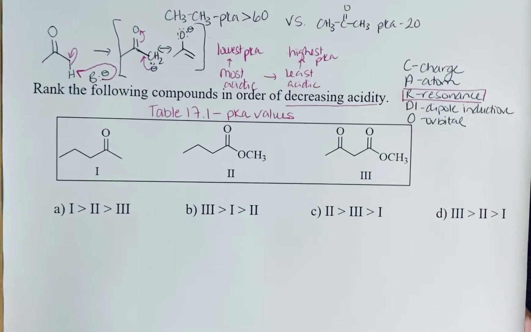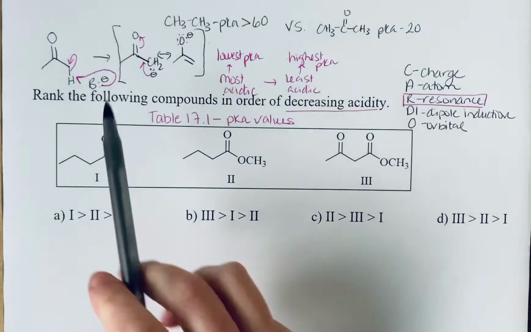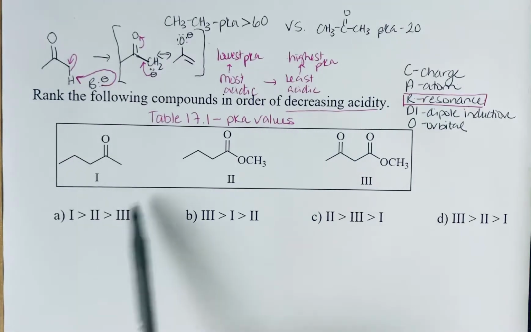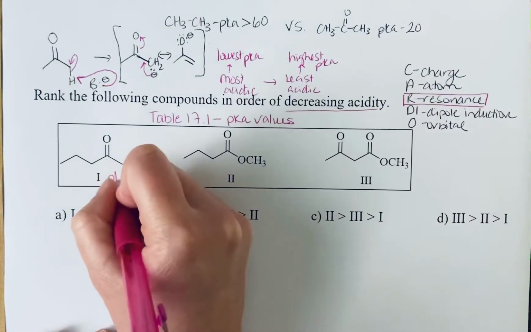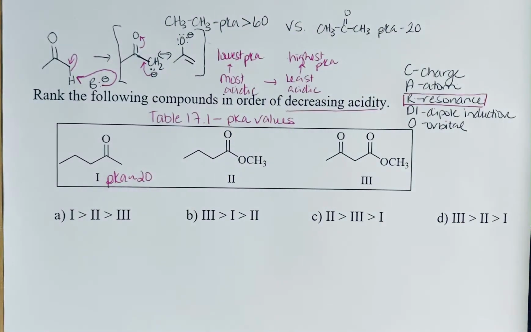This is an enormous difference that this resonance stabilization, particularly with something electronegative like oxygen, makes. The first structure here is a ketone like acetone, so we can approximate that pKa value to be around 20. If we look at the second structure, now we have an ester.